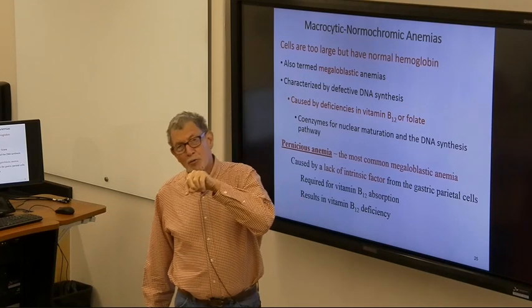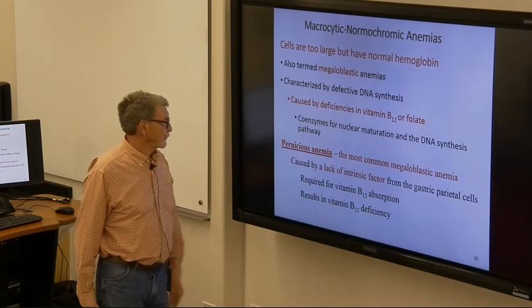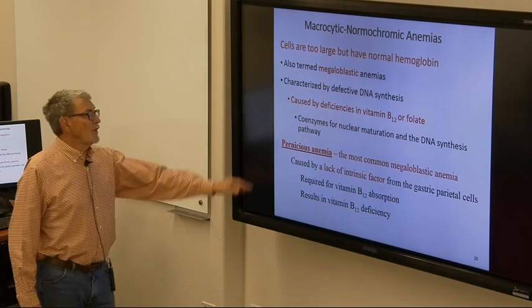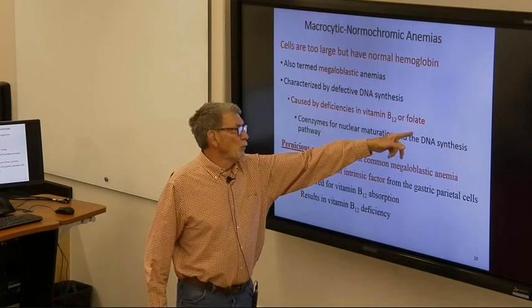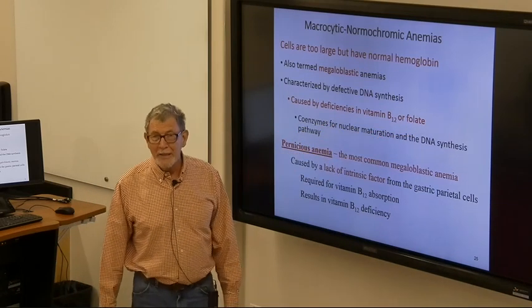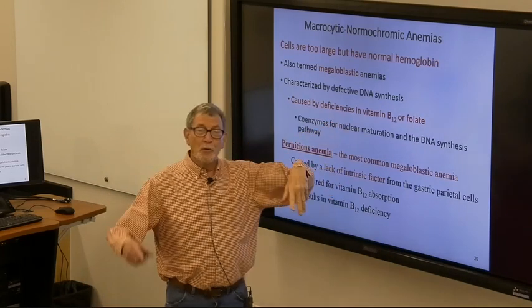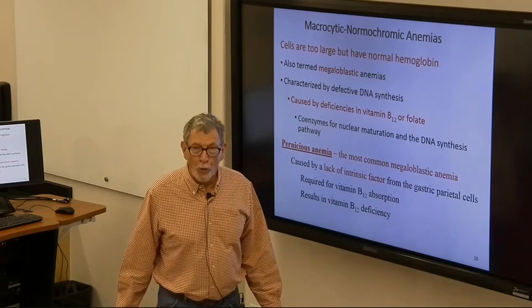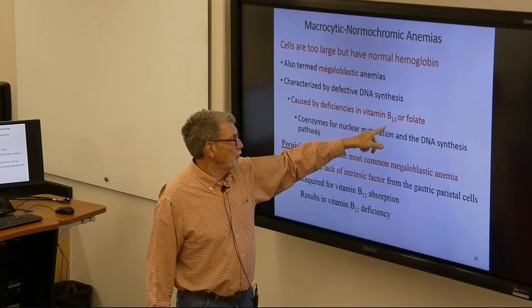One is vitamin B12 deficiency and the other is folate deficiency. It's really interesting because B12 almost entirely comes from animals, folate almost entirely comes from plants, and therefore it's proof that we were evolved to be omnivores because you get the same type of anemia if you're short of this one or you're short of that one.